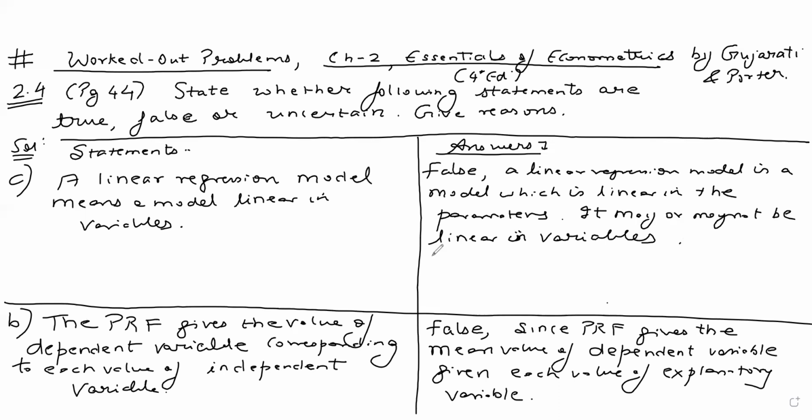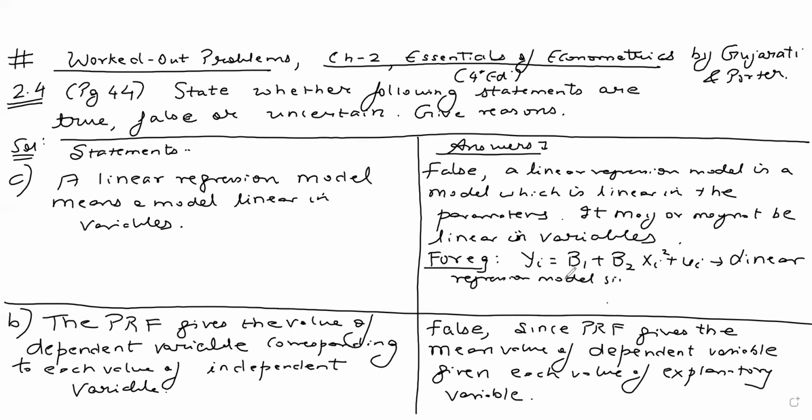What are the parameters? So for example, just for revision, if I talk about this model, it is linear regression. This is a linear regression model since it's linear in the parameters B1 and B2.